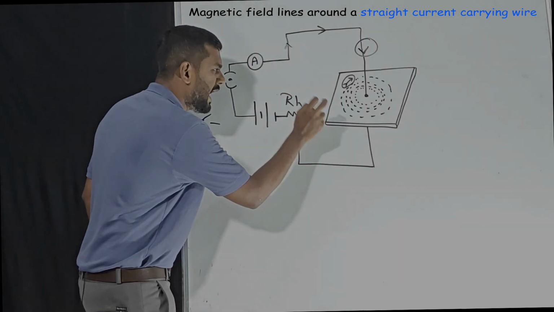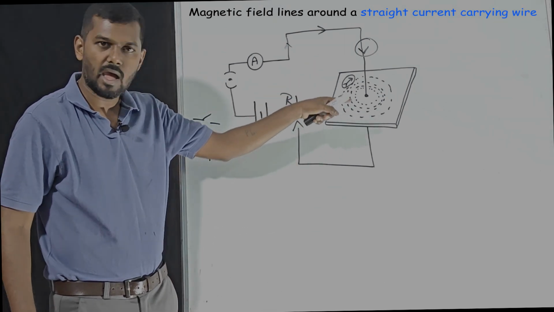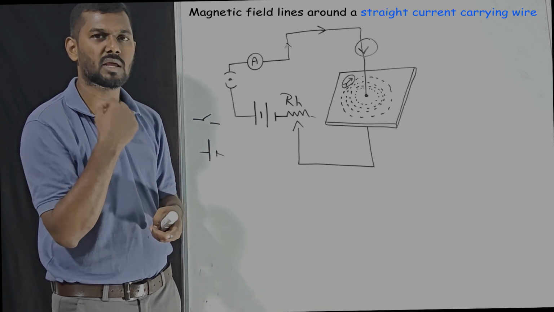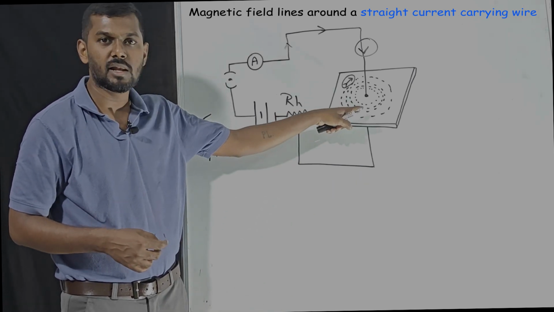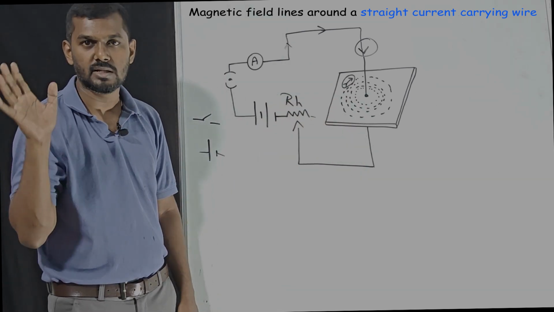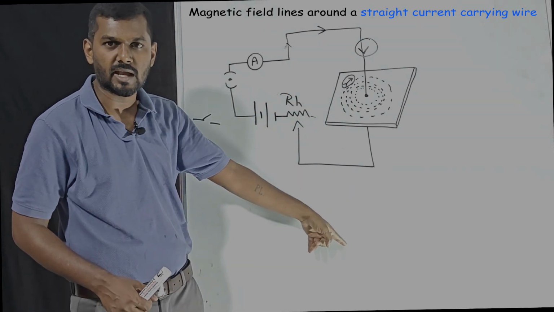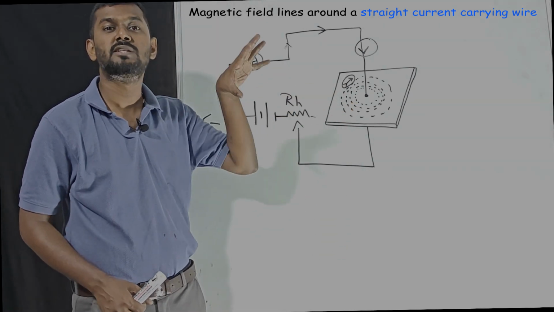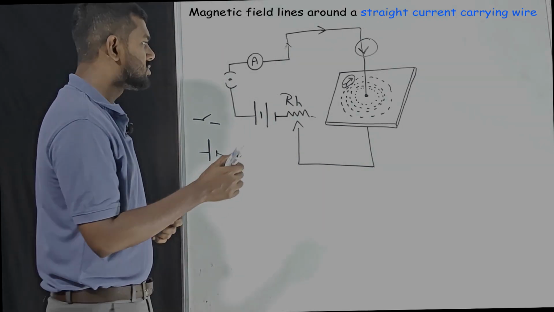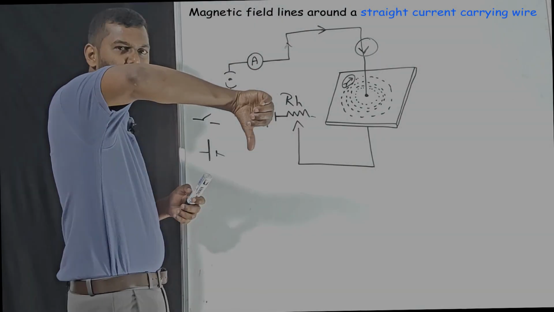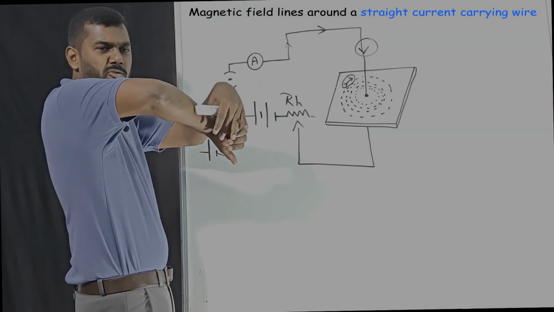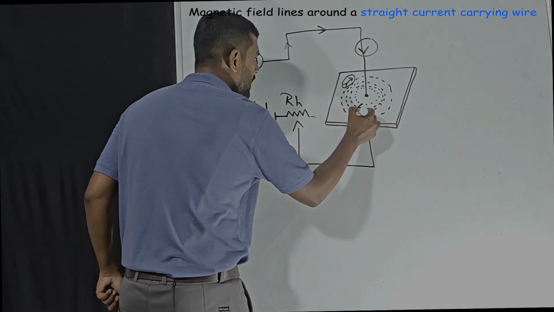Now just tap on the cardboard sheet, and these iron filings will start arranging themselves in a circular path, not only one circle but many circles. These many circles we call concentric circles. So whenever a straight wire carries a current, iron filings arrange themselves in concentric circles. Keep this in mind. Since the direction of current is downward, you hold your hand like this, and the fingers represent the direction of the magnetic field, towards the left side.